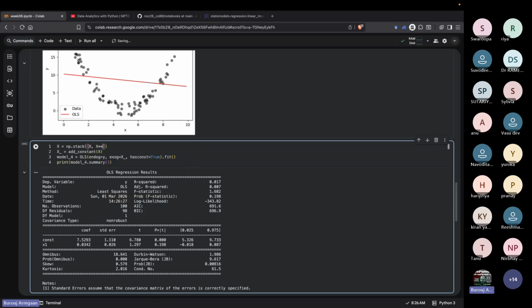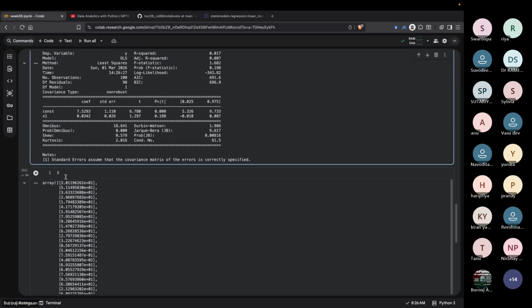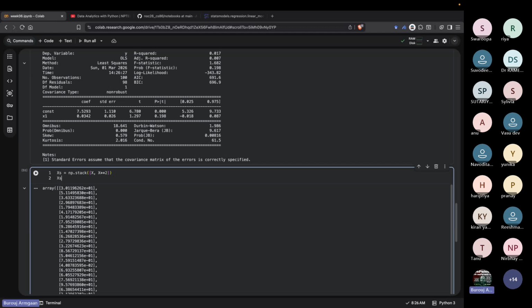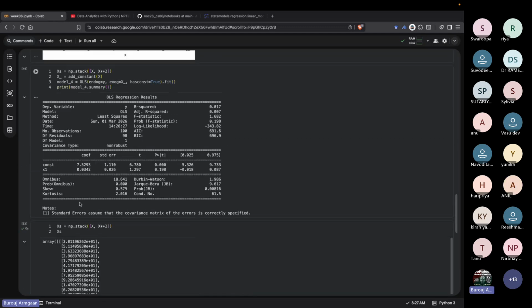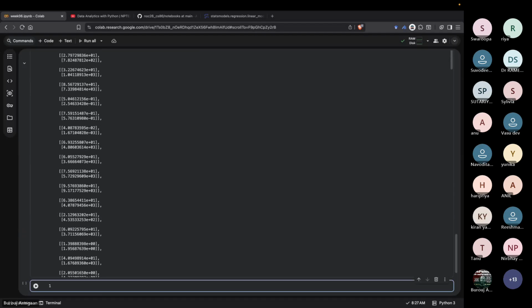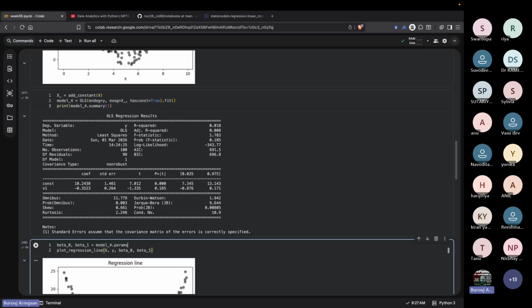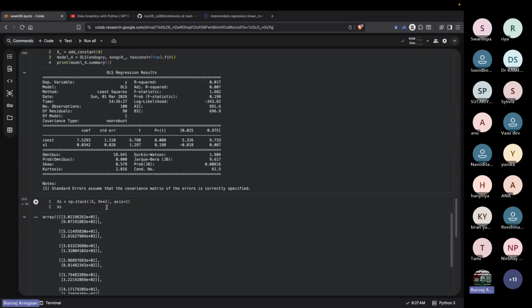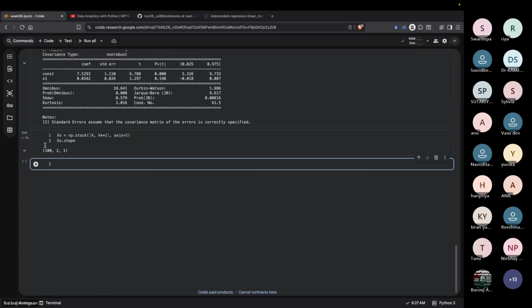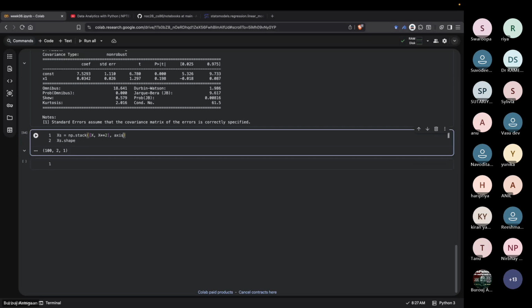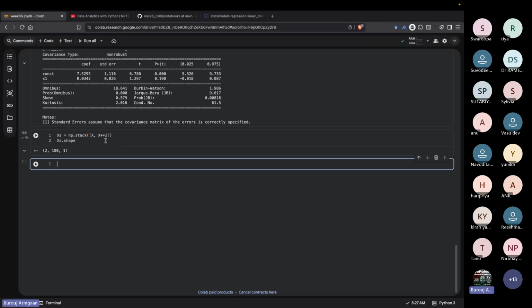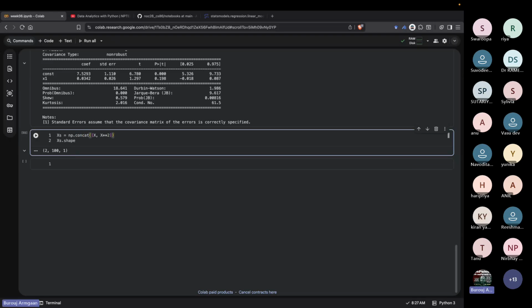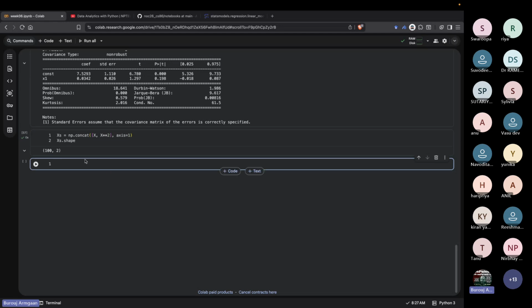We have x, we have x squared. Maybe this will work. Does it work? I think it worked. 100 by 2. Yeah, this is good.